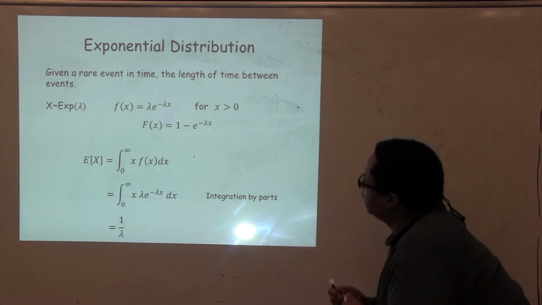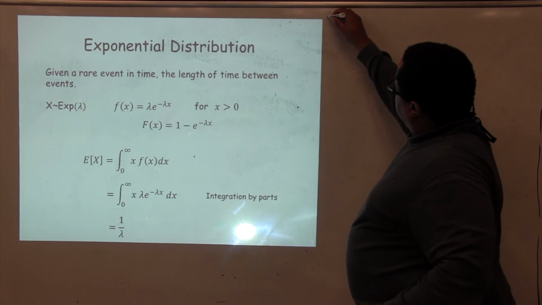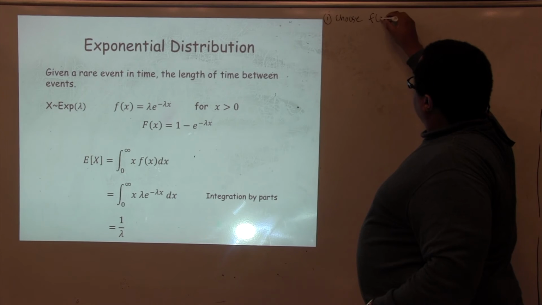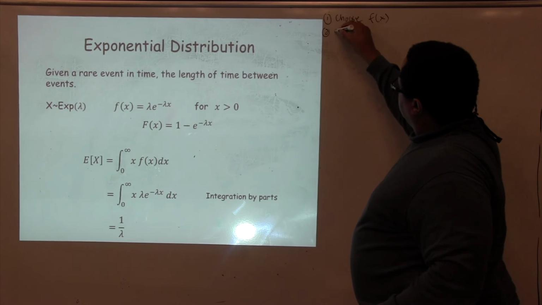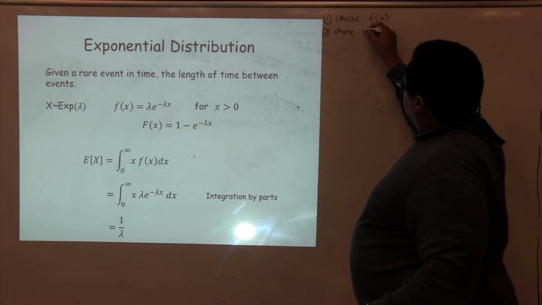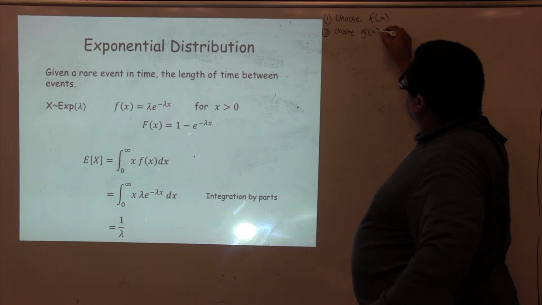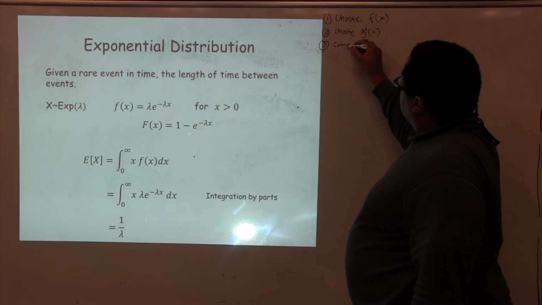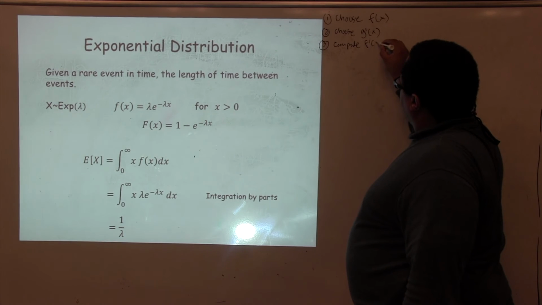So again, let me remind you of the steps. Step 1, you choose your f of x term. 2, you choose your g prime of x. And then 3, you compute f prime of x.